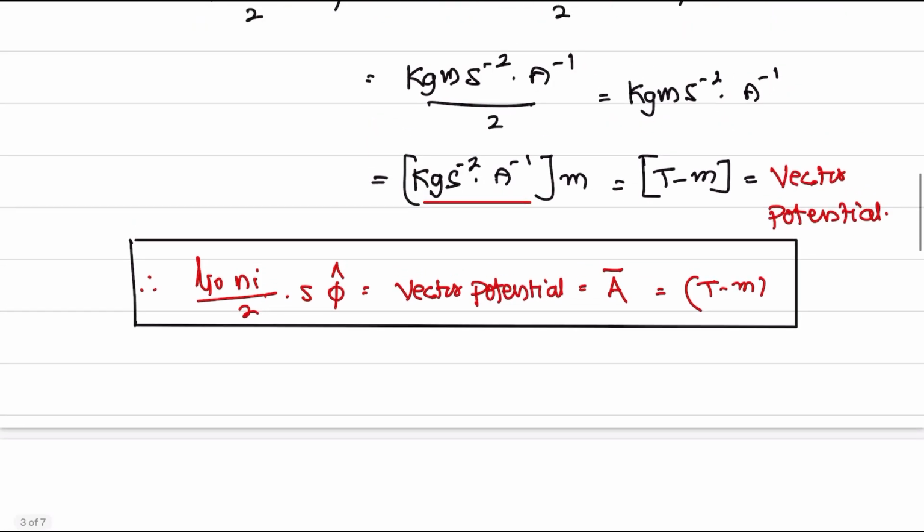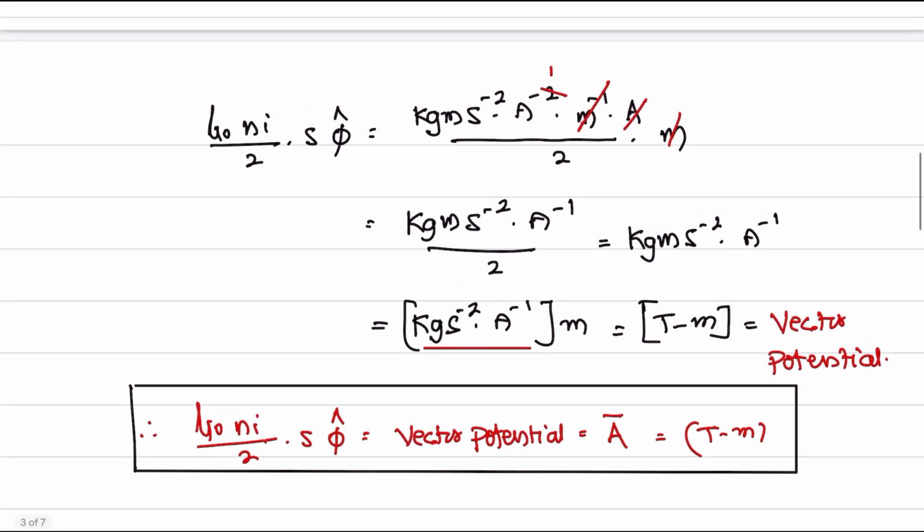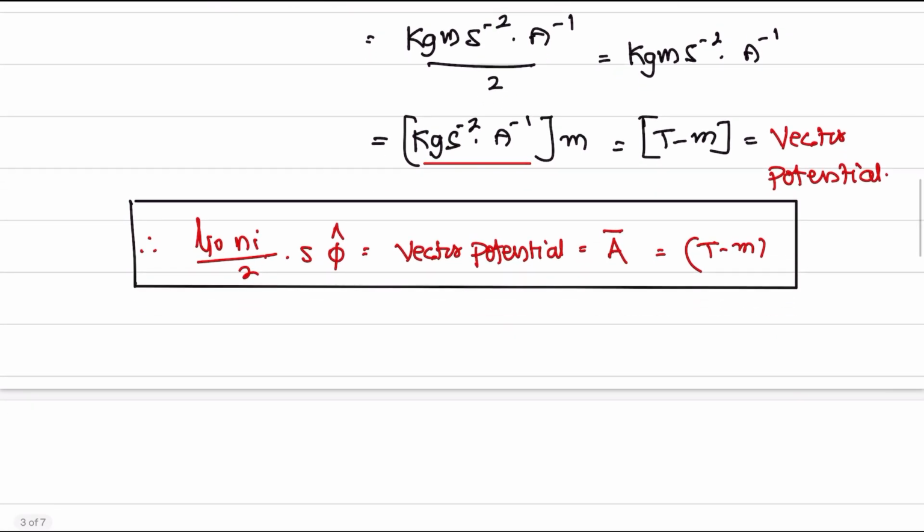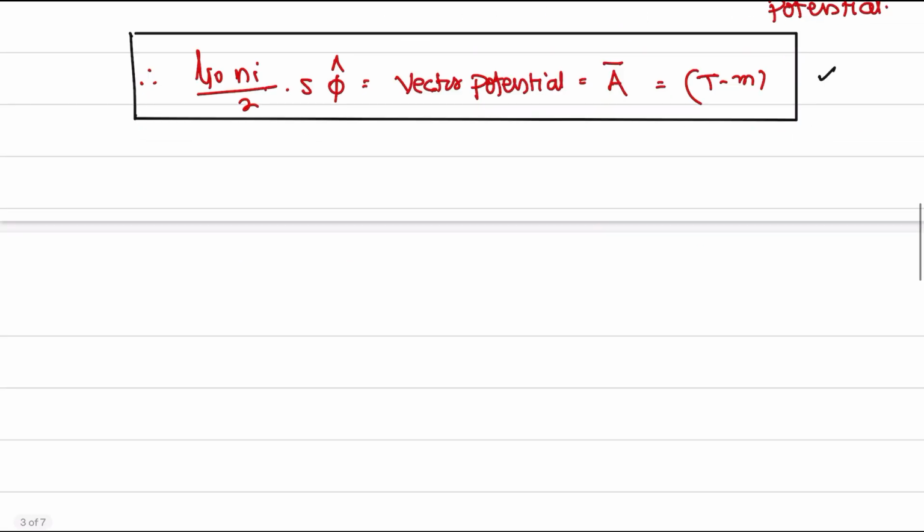Vector potential is derived from permeability, radial distance, number of turns per length and current. When you combine different quantities in physics, we arrive at a new quantity.